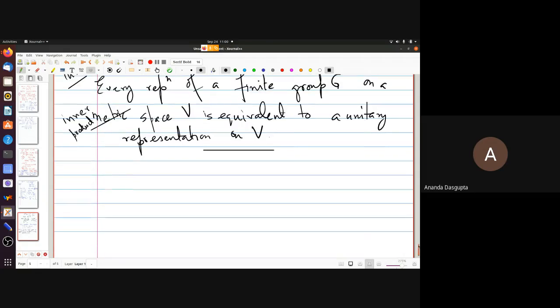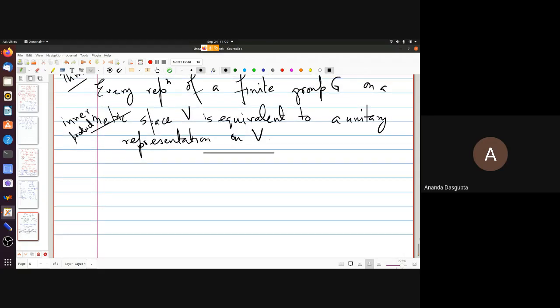So a given representation on V may not be unitary. The matrices involved may not be unitary, but you can always find an equivalent representation in which every matrix is a unitary matrix, or every transformation operator is a unitary transformation operator.